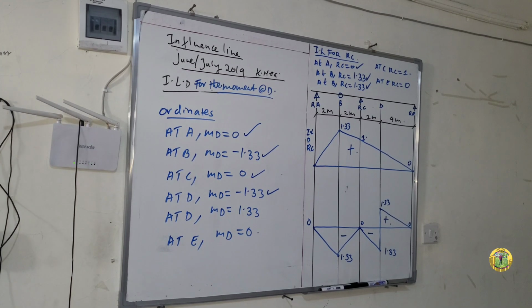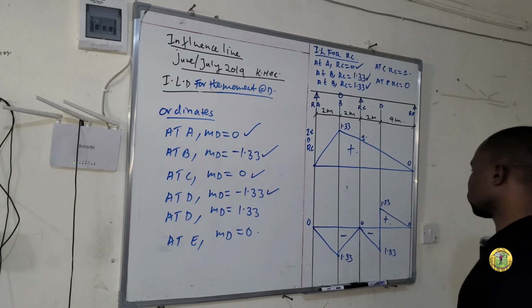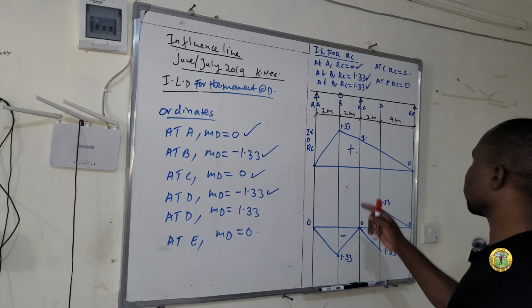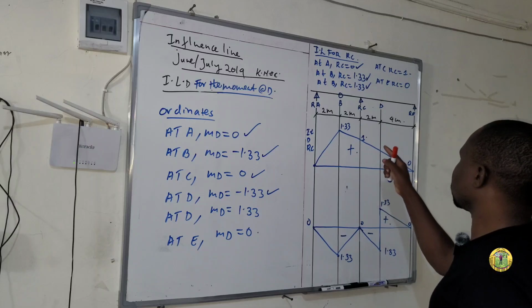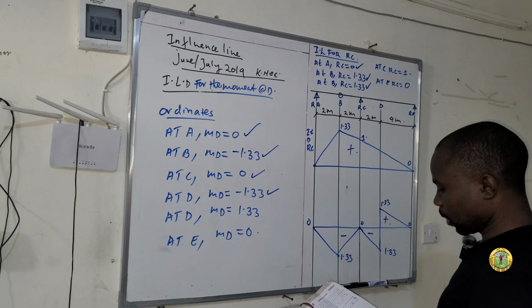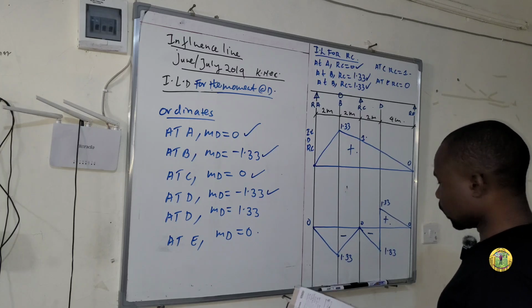So the last question: determine the maximum bending moment at D when a 3-meter long UDL of 25 kilonewton per meter crosses the beam from A to C. So if a UDL of 25 kilonewton per meter will cross from A to C, then we are supposed to determine the maximum bending moment.